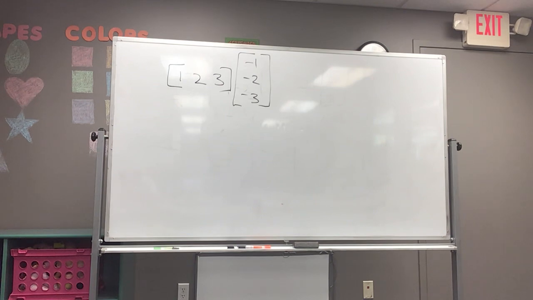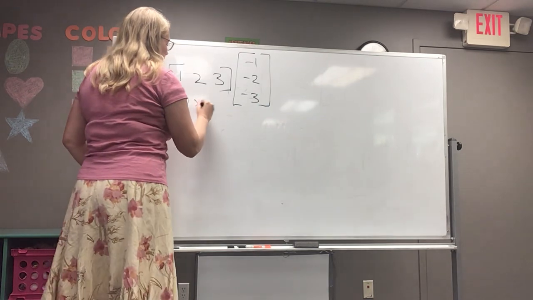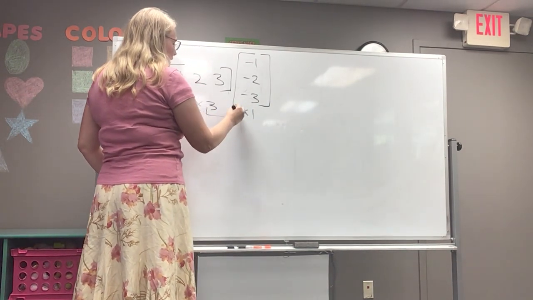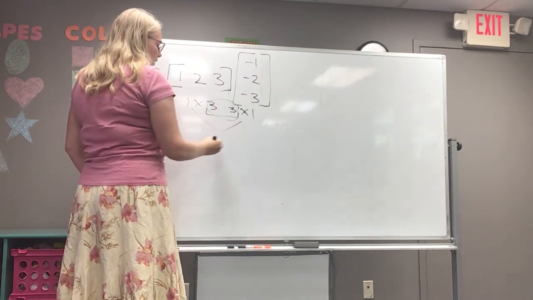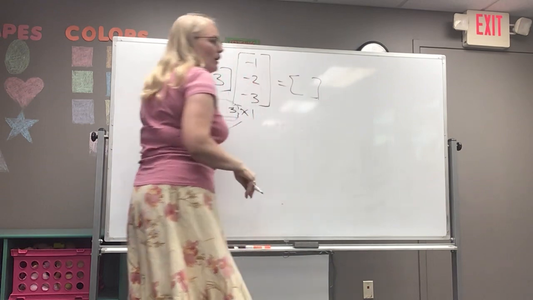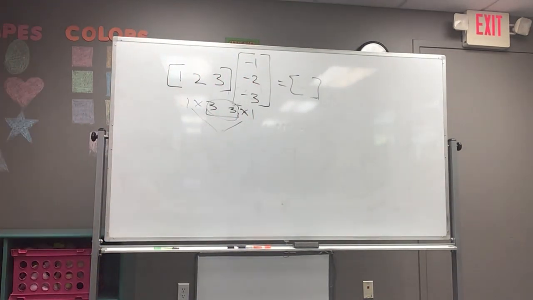Well, the first question I should ask is, is this possible to multiply? Yes. We have 1 by 3 and 3 by 1. It's possible because these match, and these two tell us our answer is a 1 by 1, or a size 1 matrix.